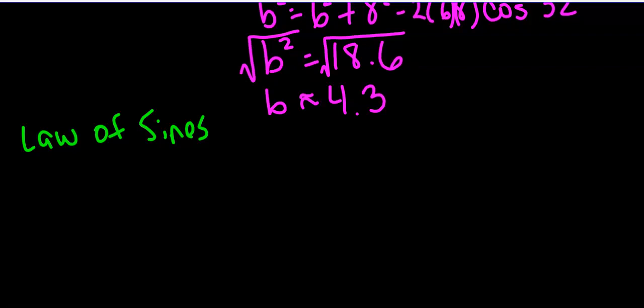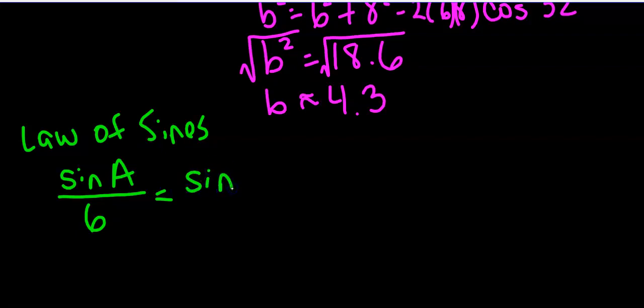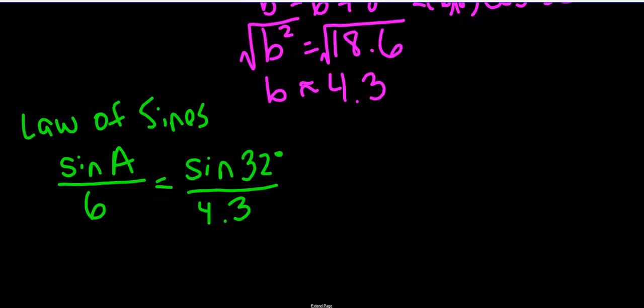We have that sine of angle A over the length of a, which was 6, is equal to sine of angle B, which was 32 degrees, over the length of b. And what did we find the length of b to be? 4 and 3/10.